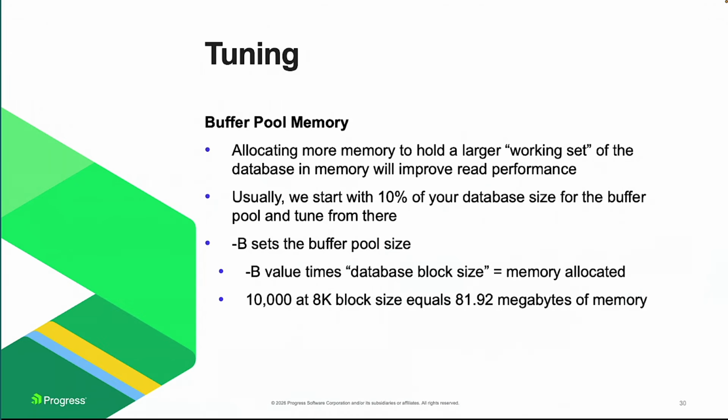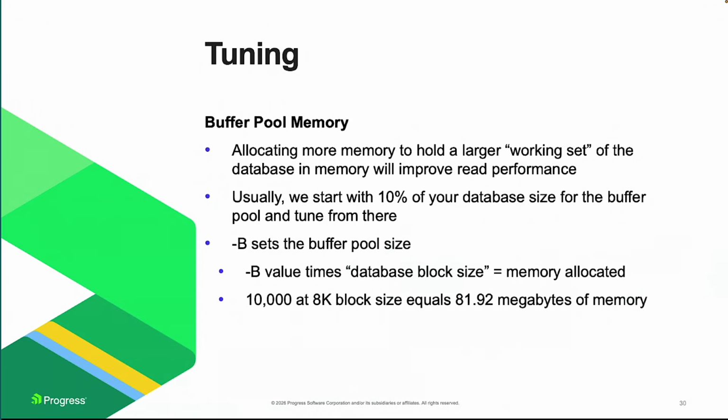So if a record lives in a block and there are several other records in that block, we read the whole block in, right? We don't just read the record in and then try to write it back to disk that way. We read the whole database block in, which might have space in it, right? So if we have to add or update it, we can just do it right there in memory. Also, if it's a customer record, hey, I might need another customer record that's in that block. So we work in blocks in the memory buffer pool, right?